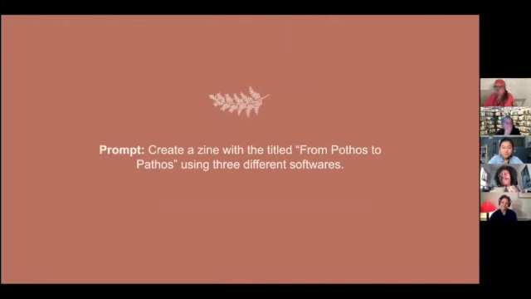So we're using roughly the same title. I know Caught's is like Pathos and Pathos, but it's okay. We're first going to be starting with Canva, moving on to Google Slides, which is really cool and unexpected, and then going with the industry standard of InDesign.